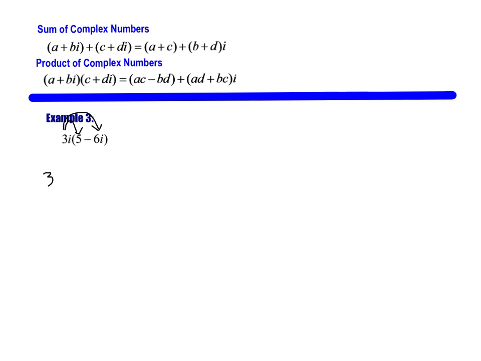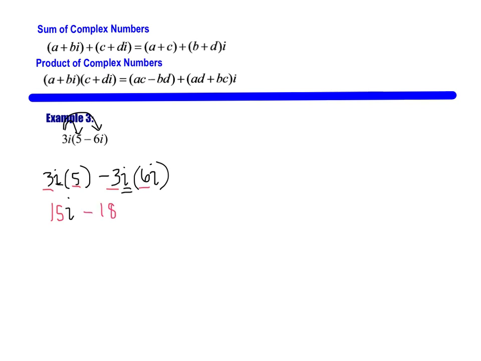So we really have 3i being multiplied to the 5, and then 3i being multiplied to the -6i. So now, when we multiply, it's the same idea. We multiply real part with real part, so we're going to get 15. And then we have i times no other i, it's just i. And then here we have 3 and -6, so the real part is -18.